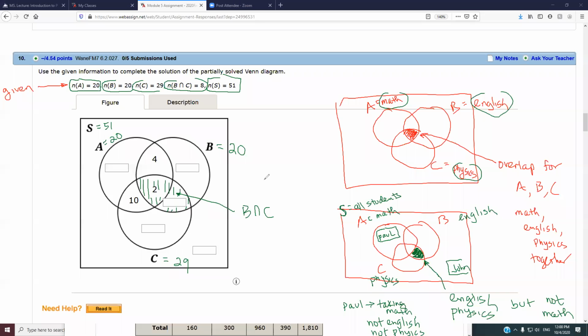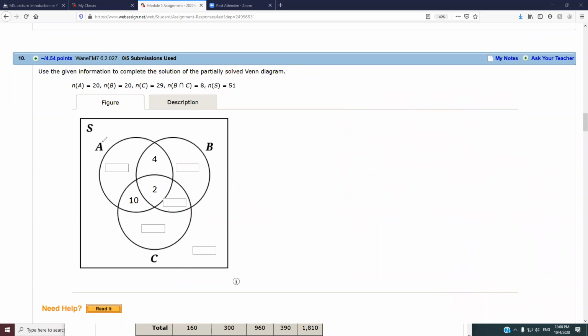All right, let's go to the Venn diagram here. Here's what I'm going to do to start off. For set A, I know they told me this is 20. Well, that means the circle for A must be 20. So let me look at the circle. Let's call these students to make it easy to discuss.